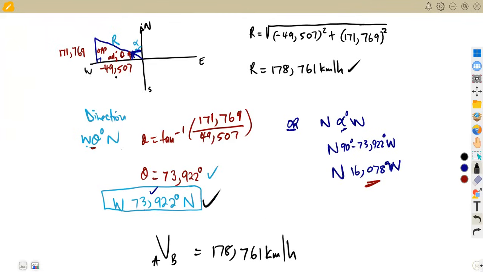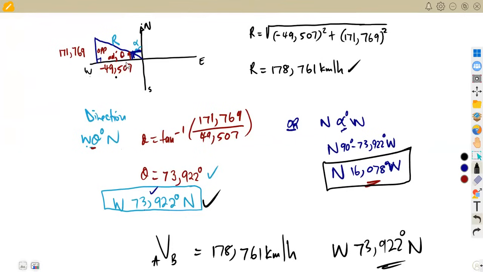Then the direction, we have west 73.922 degrees to the north. Or you can apply this from the north going to the west. It's one and the same thing. You're simply referring to the same point, same location. So I just want us to correct that question, please, so that it can help us in our revision.